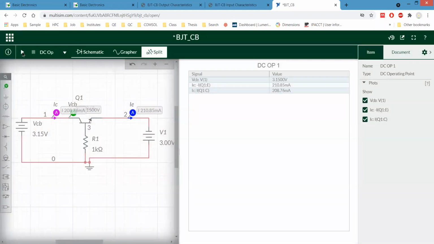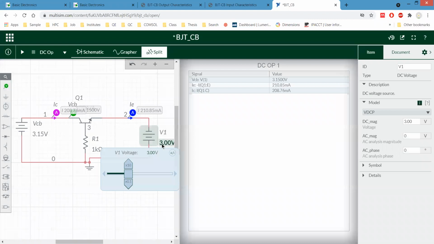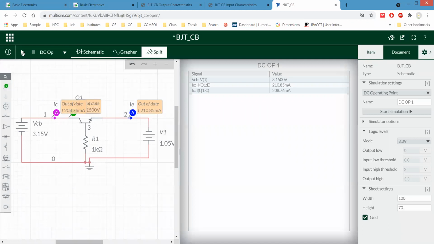Okay, IE is 210 milliamps. Let me reduce the voltage. No, please don't note it down. We have to reduce the IE, then only can we have different plots. Please wait a minute.